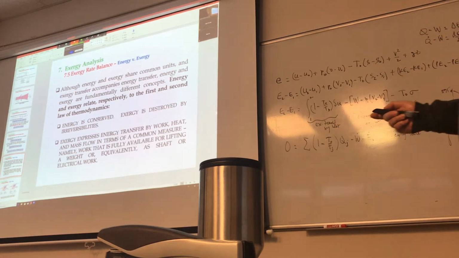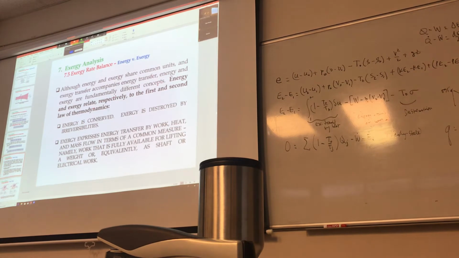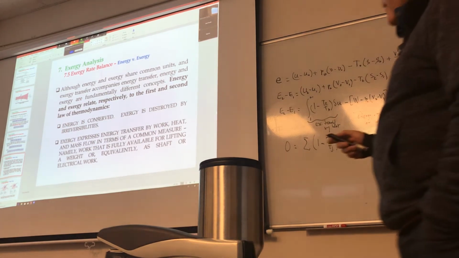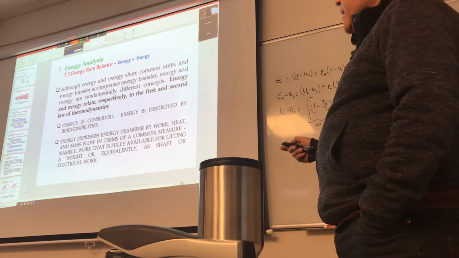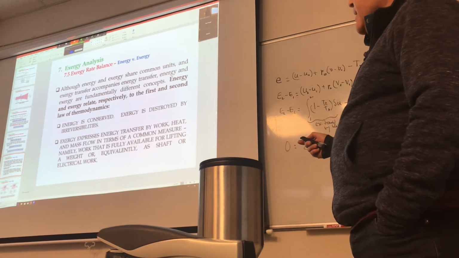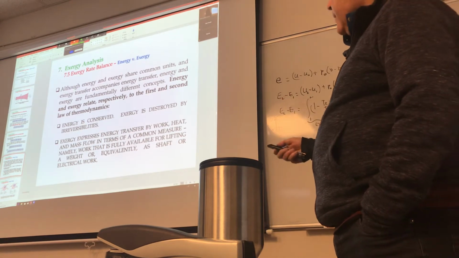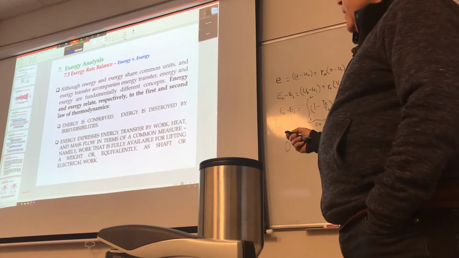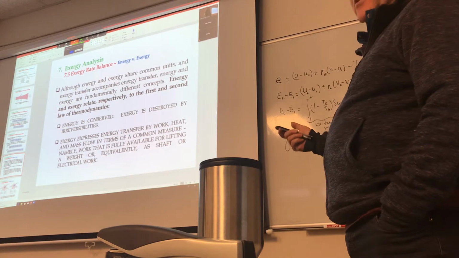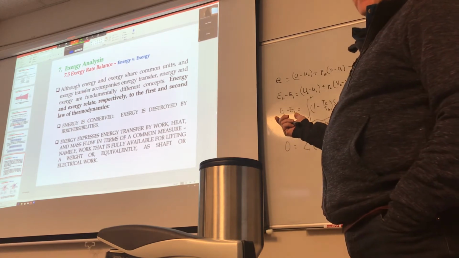Lastly, although energy and exergy share common units, and exergy transfers accompany heat transfer, energy and exergy are fundamentally different concepts. Energy and exergy relate respectively to the first and second law of thermodynamics. If you want to go deeper, why is energy related to the first law? Because energy is conserved. That's what the first law is all about.